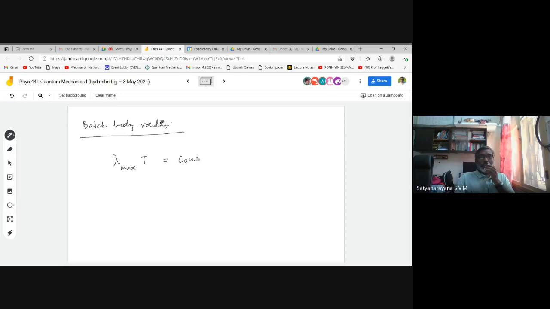This is called Wien's constant. This is an experimental result. And what is this constant? This constant is something like 2.8 into 10 to the minus 3, in units of meter Kelvin.